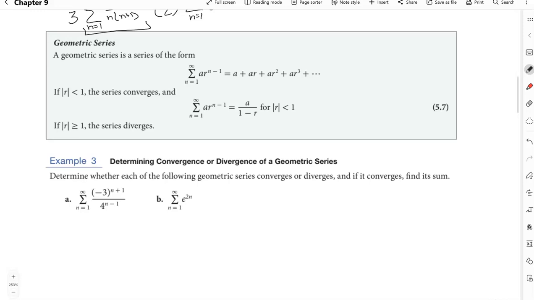Some textbooks will write this from n equals 0 to infinity. So if I move this n equals 1 back 1, then to produce the same terms, I would have this r to the n power. So that's going to produce, when I plug in 0, a times r to the 0, plus a times r to the 1, plus a times r squared, and so on.